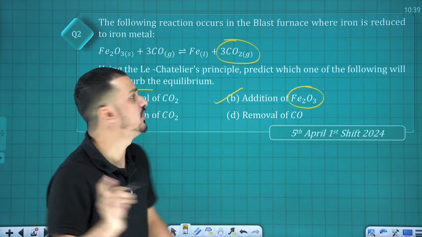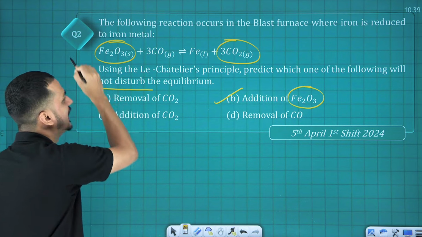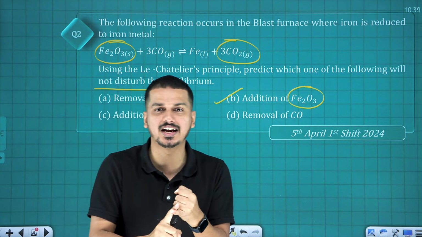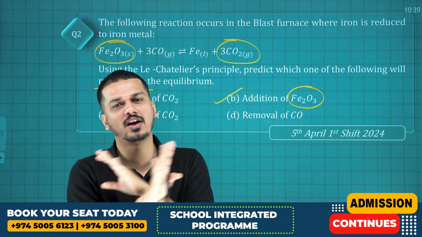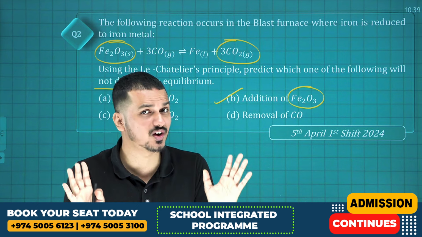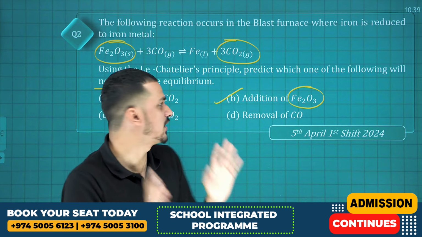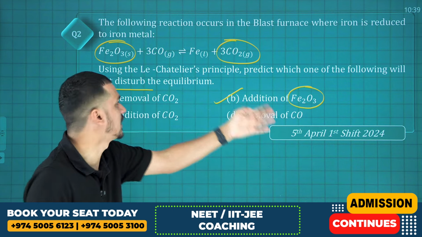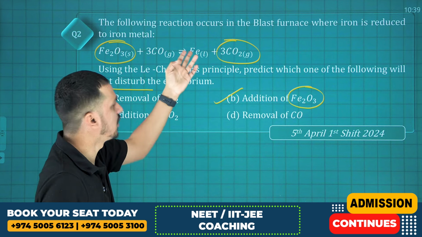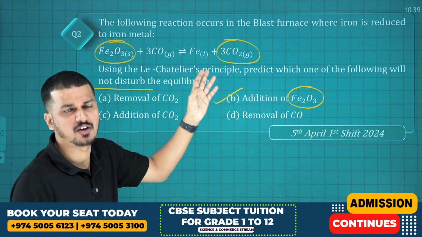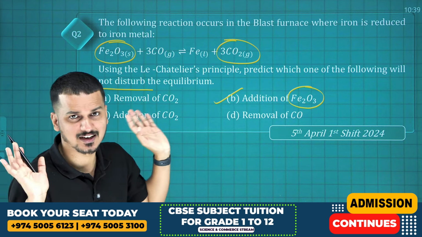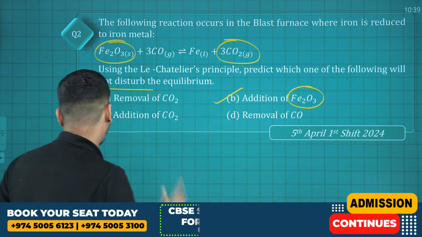Why? Fe2O3 is a solid. Pure solid and pure liquid have no effect on equilibrium. Whether it is addition or removal of Fe2O3, or adding or removing Fe, no effect. Clear? Yes, that's the answer. Option B is the correct answer.